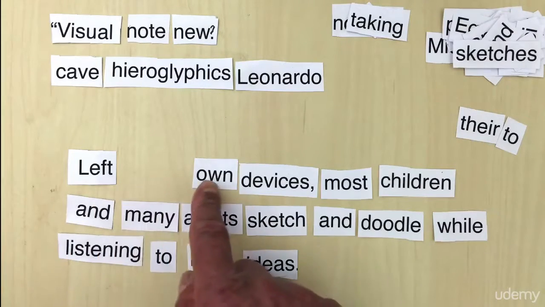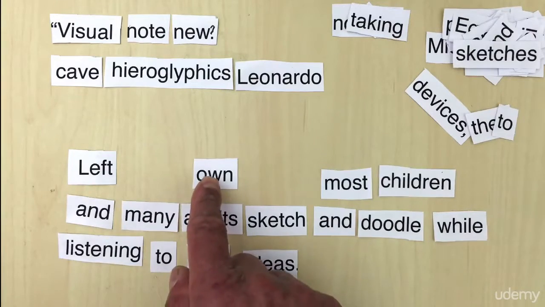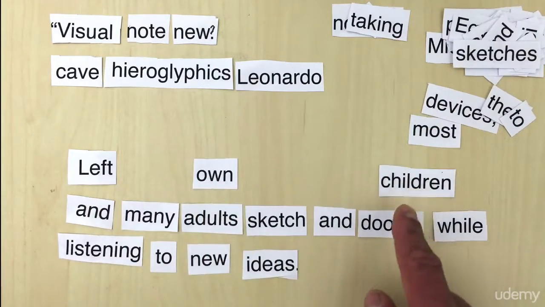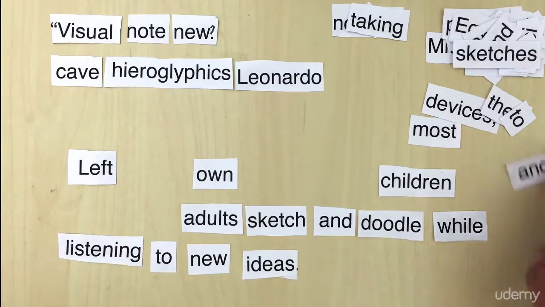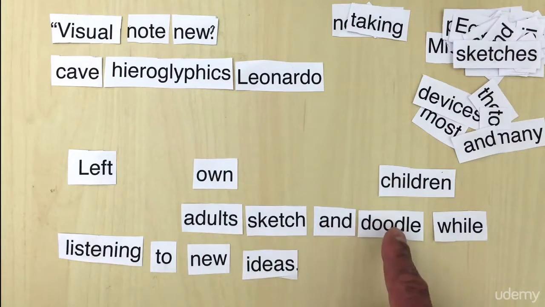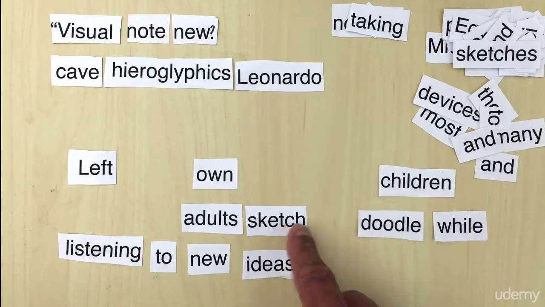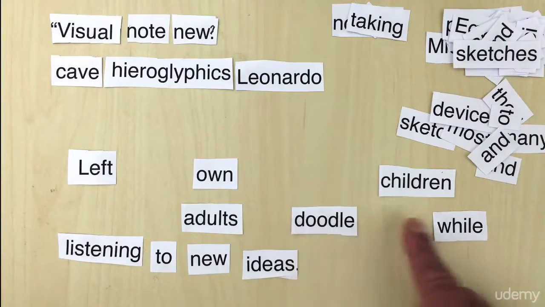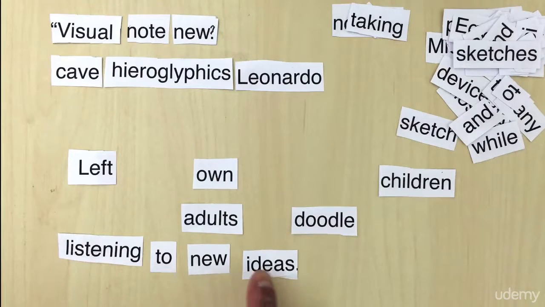Left own devices. Well, left on their own, most children, we don't need the most, left own children, and many adults, let's get rid of and many, don't need that, left on the own, children, adults, sketch and doodle, we don't need the and, we can make the doodle stand for sketch and doodle, while, we can get rid of the while, listening to new ideas.